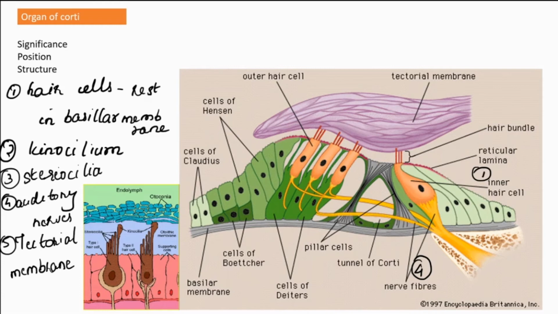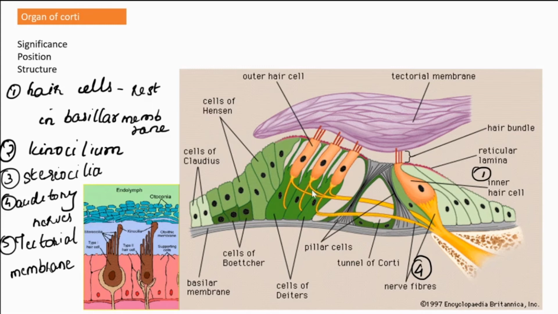Then we need to understand its structure. Here we can see numerous hair cells, this orange colored region, in 4 horizontal rows: first row, second row, third row, fourth row. The hair cells are arranged in 4 rows.